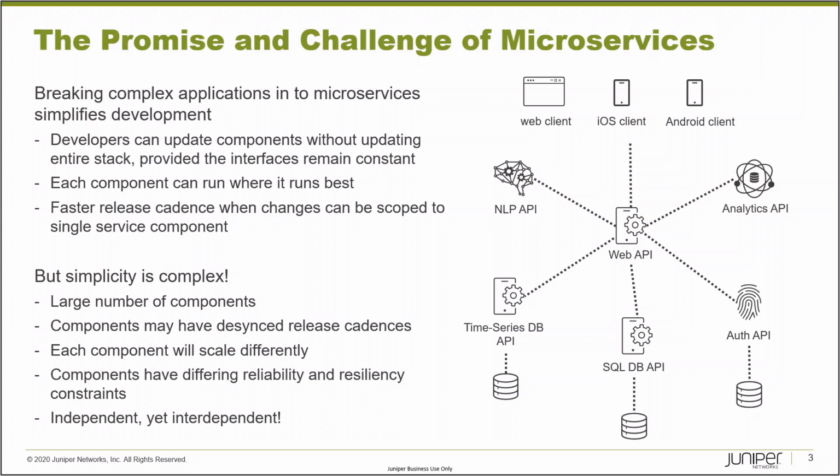These are our microservices. Now, this approach can really simplify things from a developer's perspective because you have all of these components with common interfaces. Developers can update the individual components without having to worry about updating the entire stack, provided that those interfaces, those APIs between those components, remain constant.